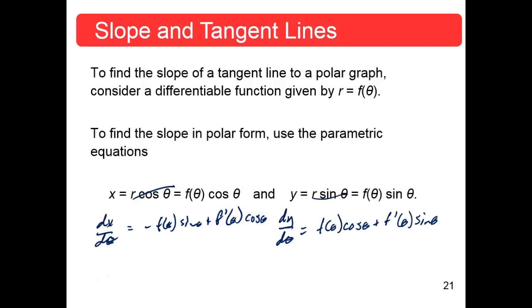Okay? Now, our dy/d theta is going to be the quotient of those two, as long as dx/d theta is not equal to 0. And unless the f's are sort of funky there, I think most of the time it won't be. I say most of the time.